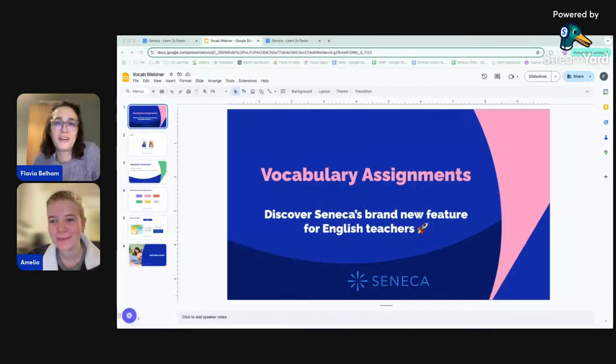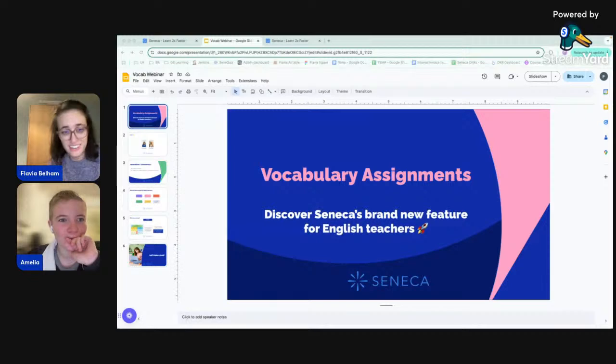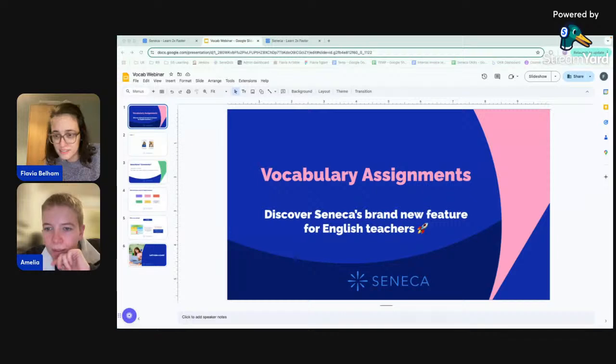Any other questions or suggestions or anything you want to know? Yeah. So Charlotte is saying we are interested in teaching tier 2 words contextually by subject, especially command words.